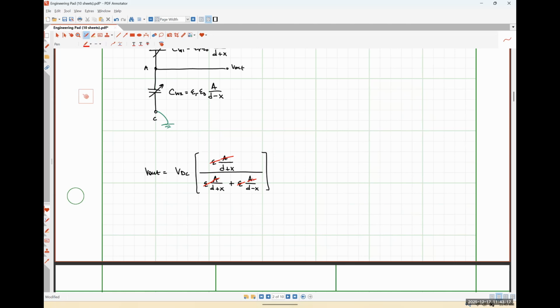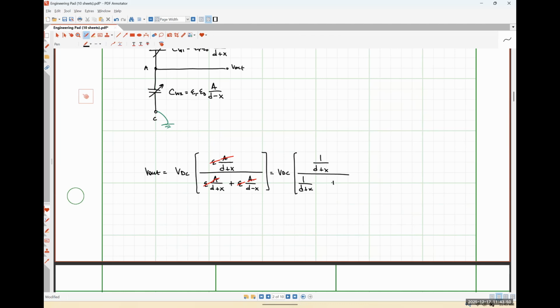Meaning that my output voltage now really only depends on the distance between the plates and the displacement that we experience due to our input acceleration. Okay. So we'd have our DC biasing voltage multiplied by 1 over D plus X divided by 1 over D plus X.